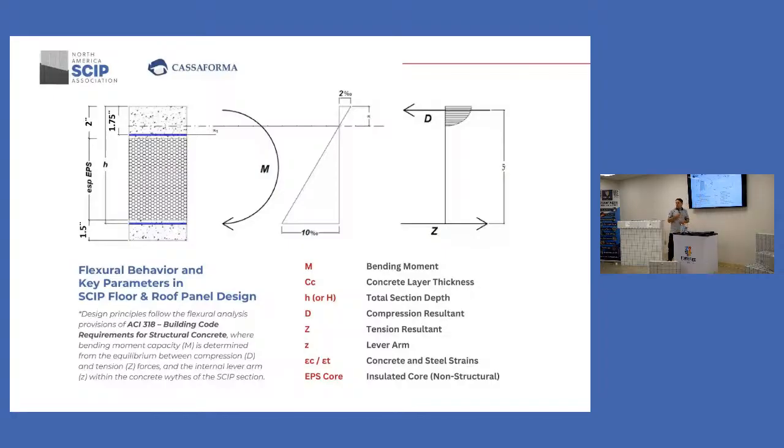So maybe you add 1 inch to the compression layer, and the lever arm extends just a quarter of an inch. So you don't gain that much. What you gain a little bit is more rigidity, more stiffness. That's true, but not so much capacity for the moment.